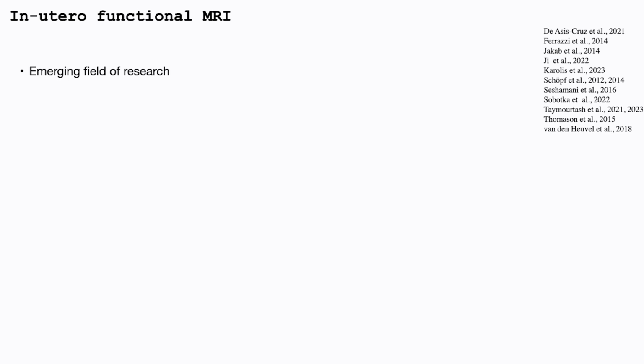Okay, let me start by giving you a bird's eye view of the field of in utero functional MRI. First of all, it's an emerging field of research, quite new, and more and more papers are being published. But it's obviously a very challenging data type, very difficult to acquire and process.